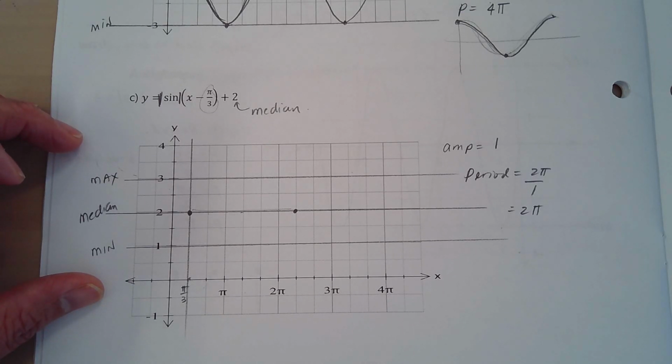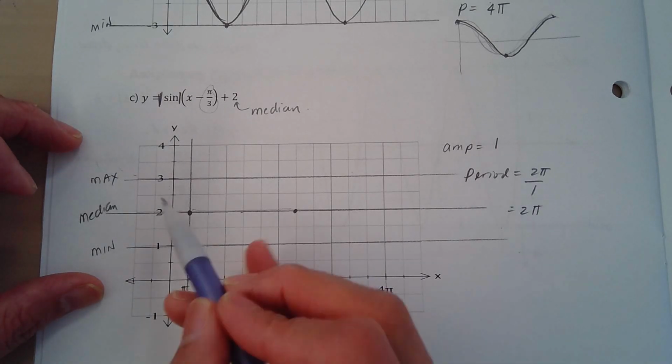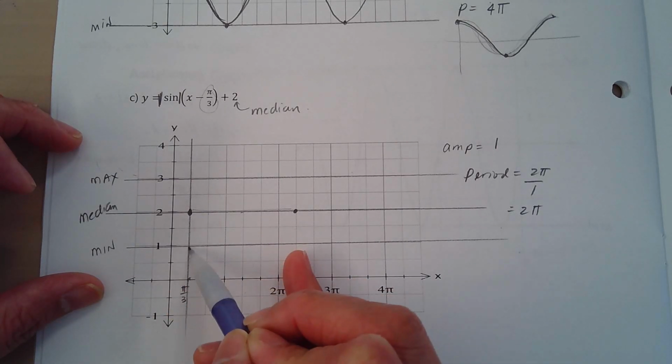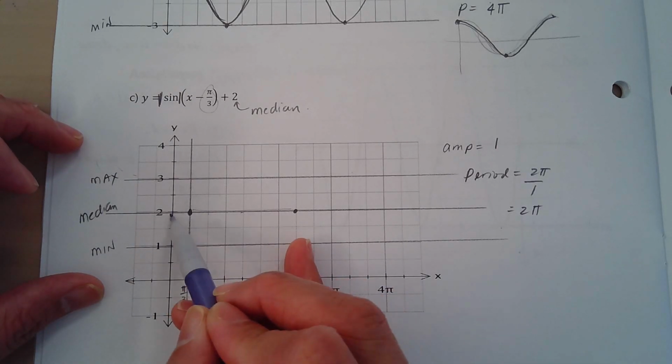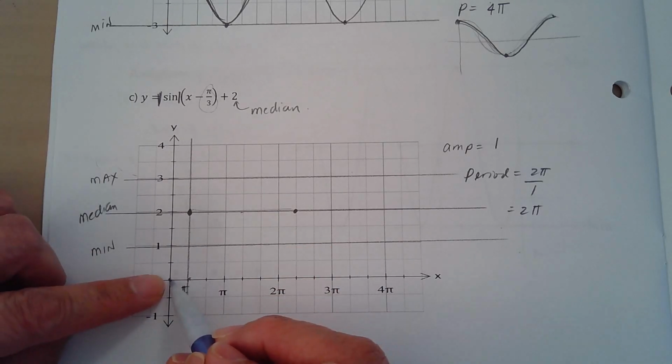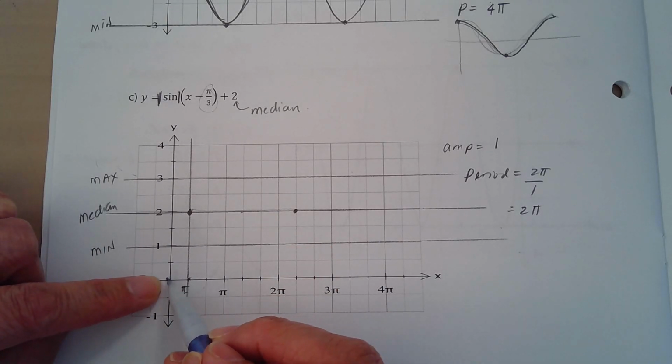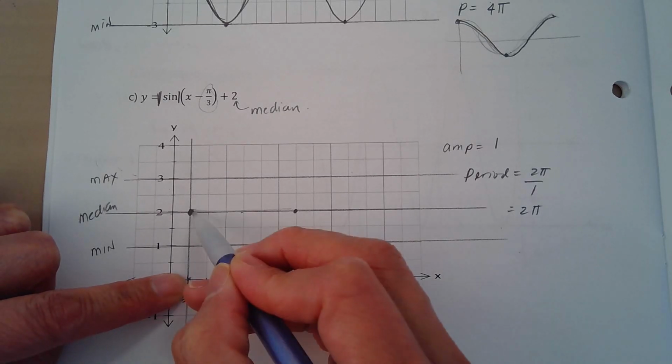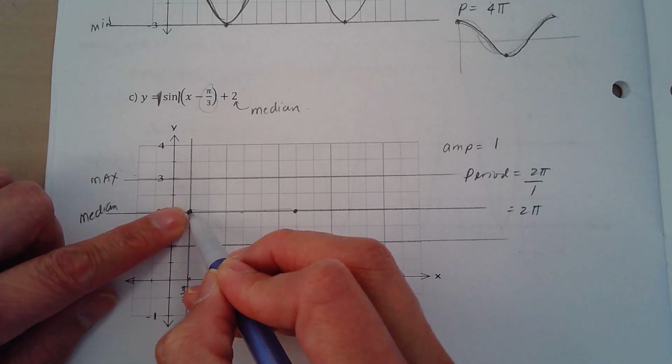I'm gonna wait. So this is my starting point, median, and then shifted to the right, pi over 3, up 2. That's my starting point.